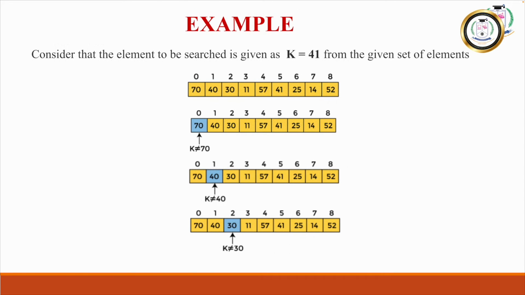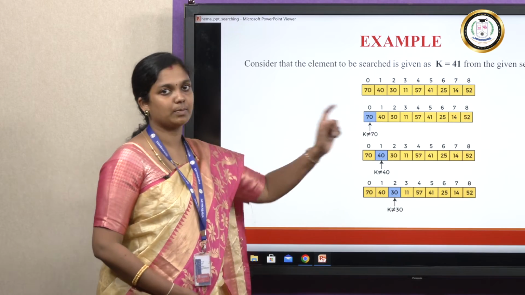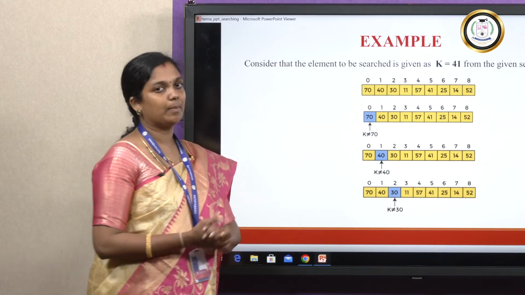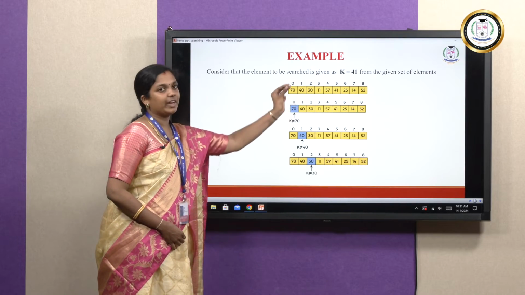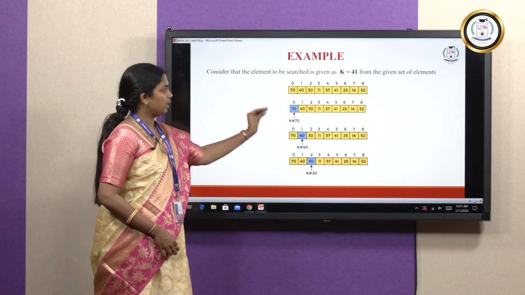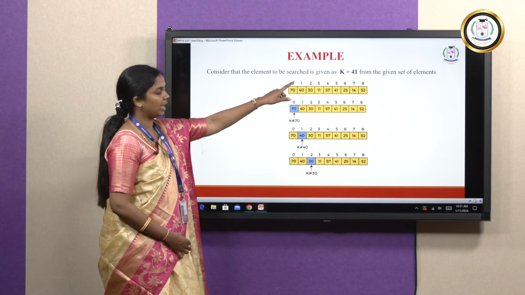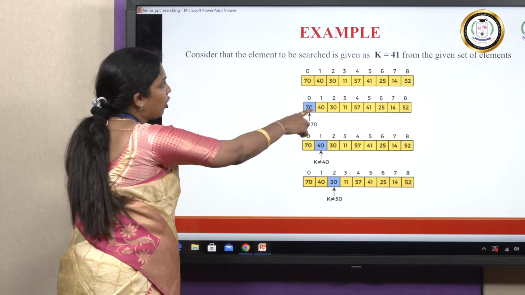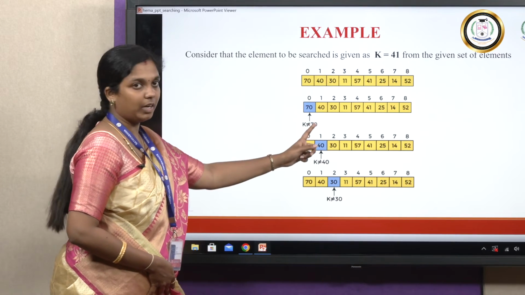Let us see an example. We have taken an unsorted array of size 9. The array index starts from 0 and the last index is size minus 1, 9 minus 1, that is 8. We take the key element as 41 and compare each element in the array with it. First, we compare the first element with the key element 41. 70 is not equal to 41, so we move to the next element.